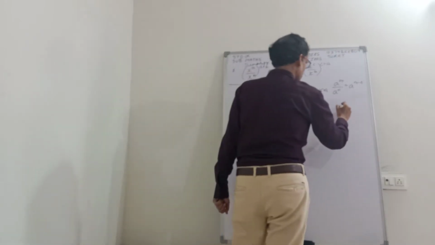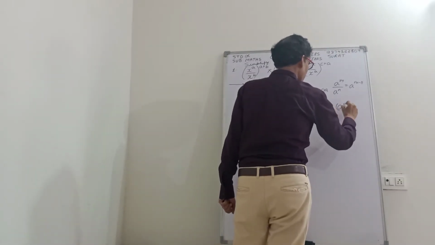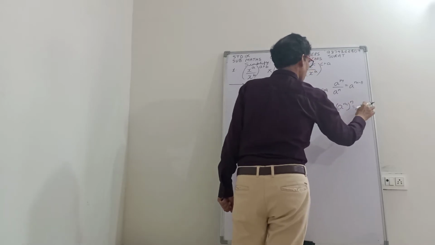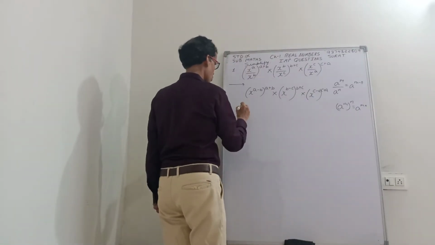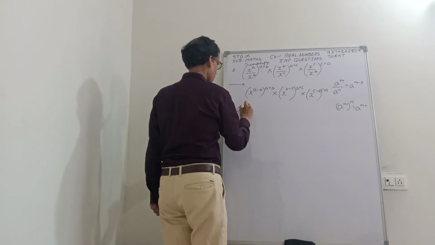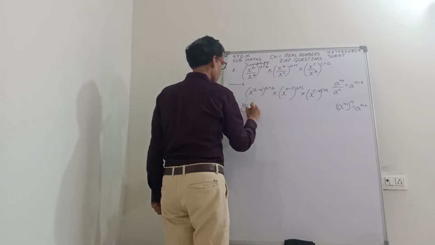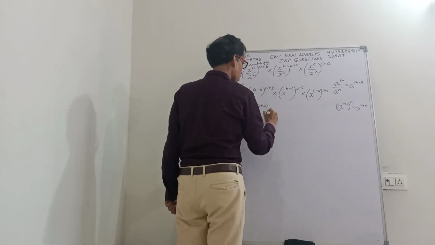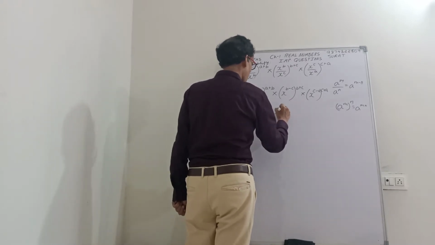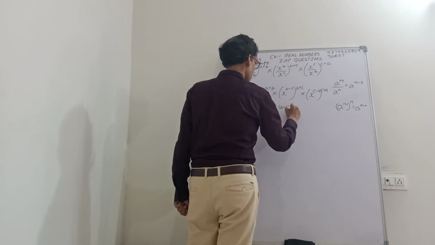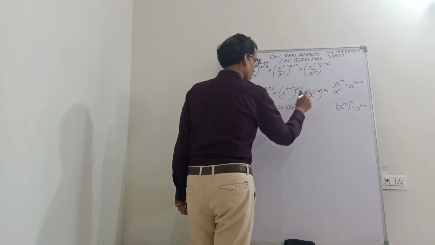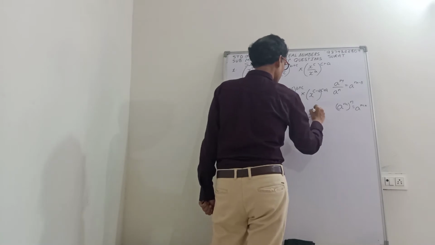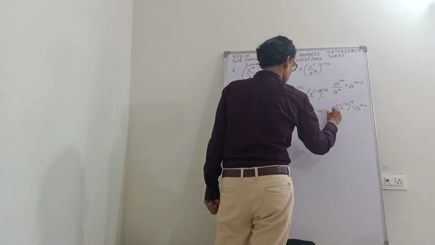Now as you know the identity (a power m) power n is equal to a power mn, product of m and n. So here also we can write x power (a minus b) into (a plus b). Here also using same identity x power (b minus c) into (b plus c), and x power (c minus a) into (c plus a).